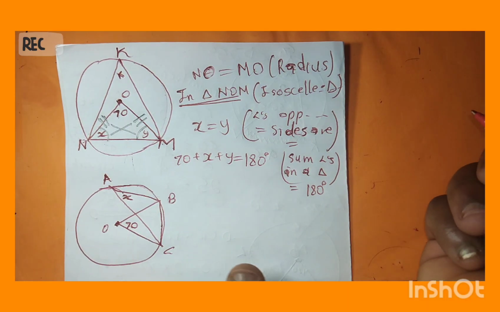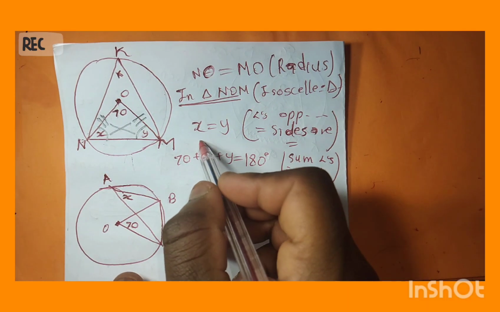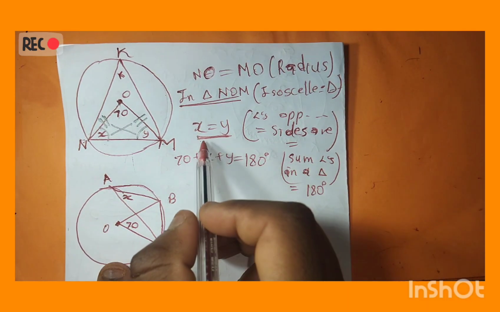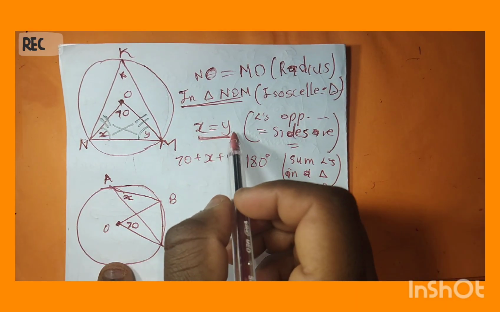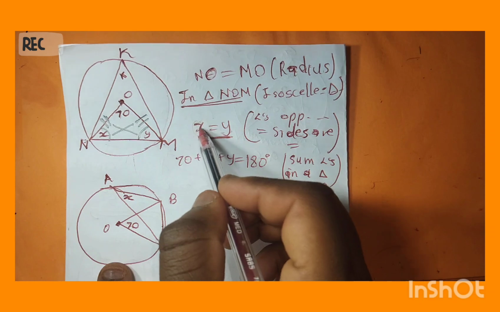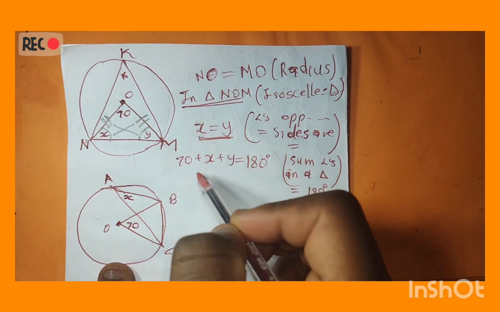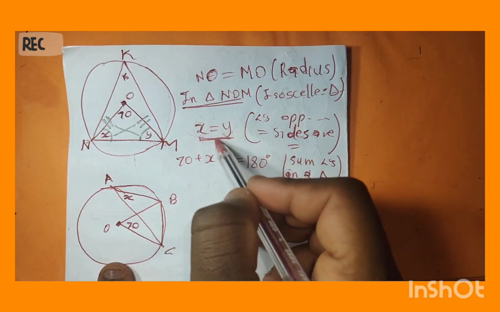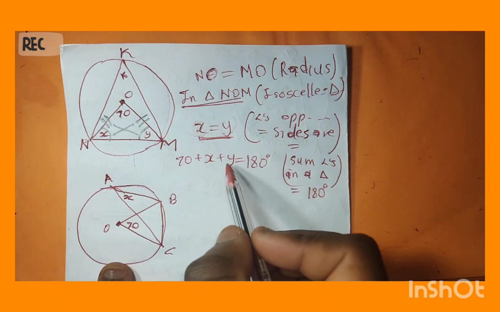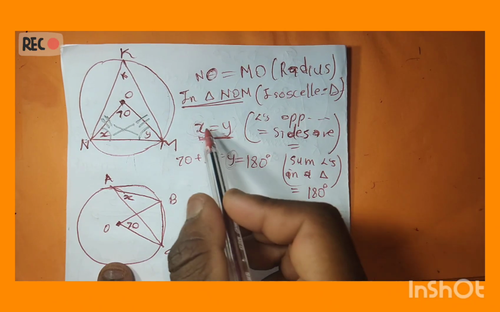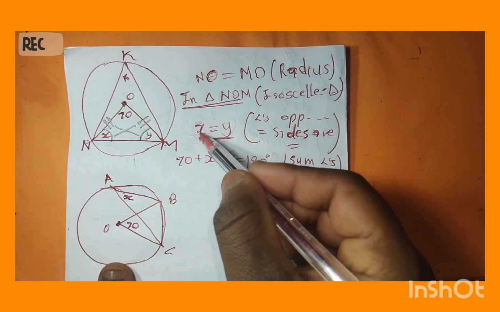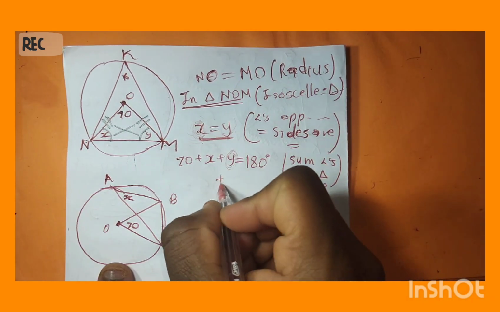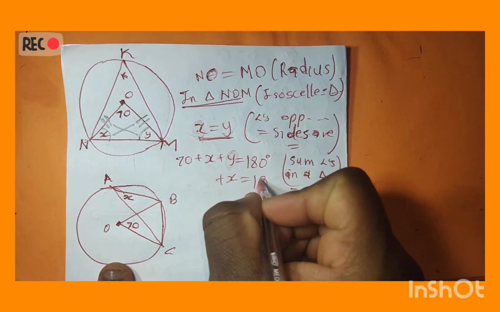Do you see? Because I have identified that these two angles are equal, where there is y, I can put x, and where there is x, I can put y. So I can put x here.